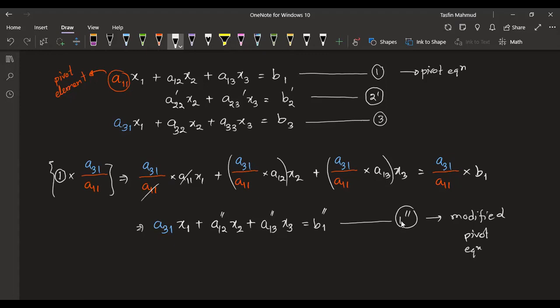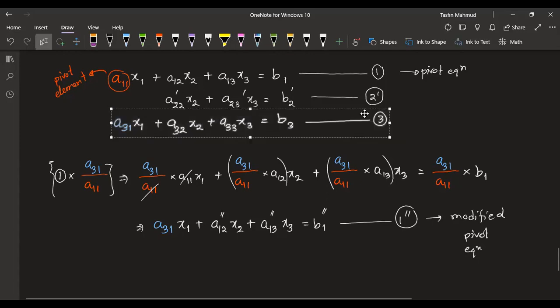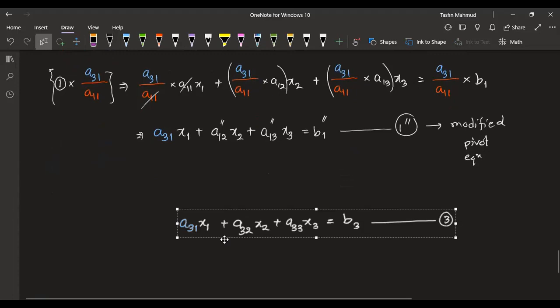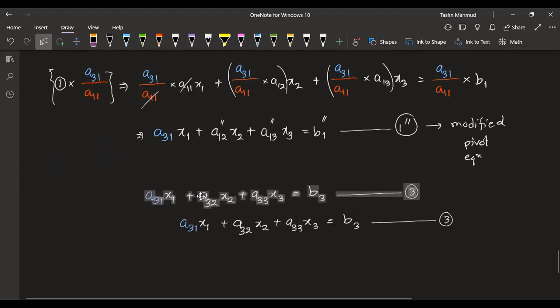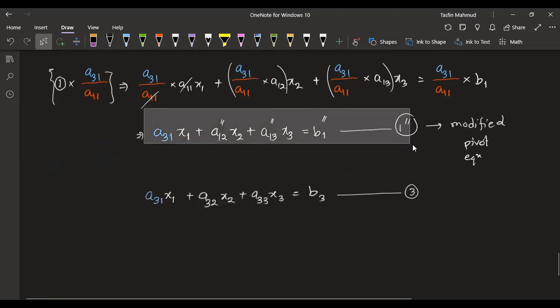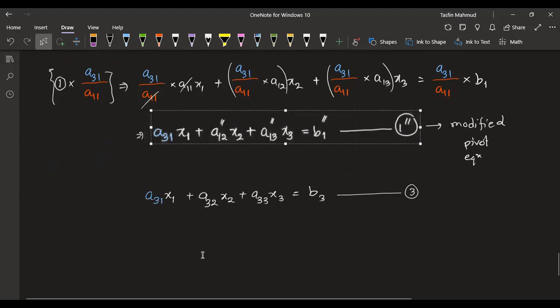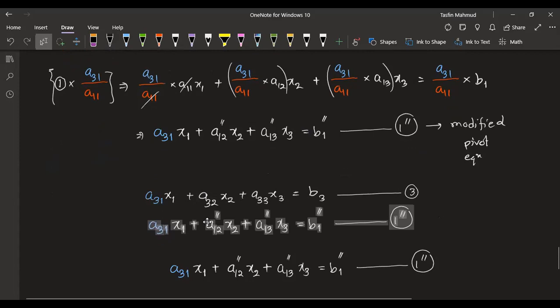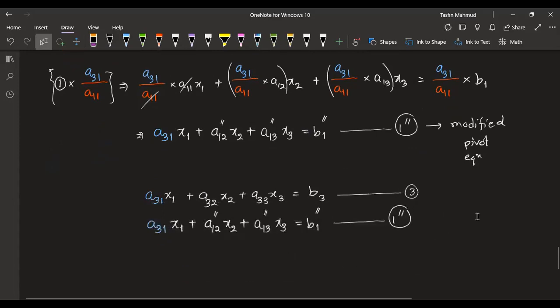Okay, so the second step was subtract. So we have the third equation, this. Let's copy the equation here. We have the third equation, looks like this. We have the modified equation that looks like this. Now we are going to simply subtract one equation from the other.